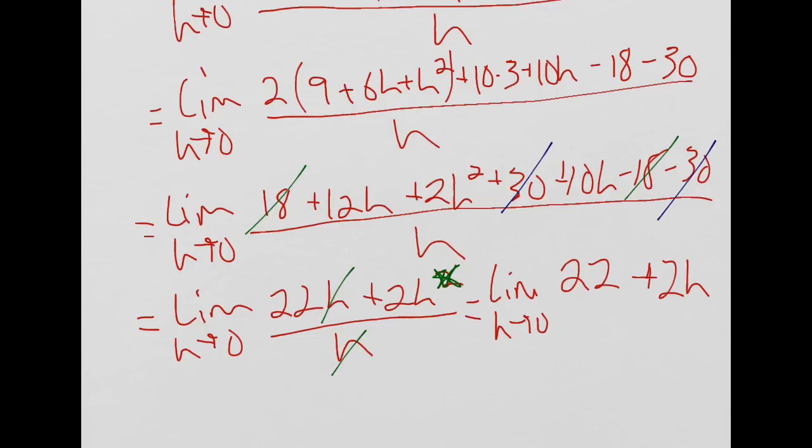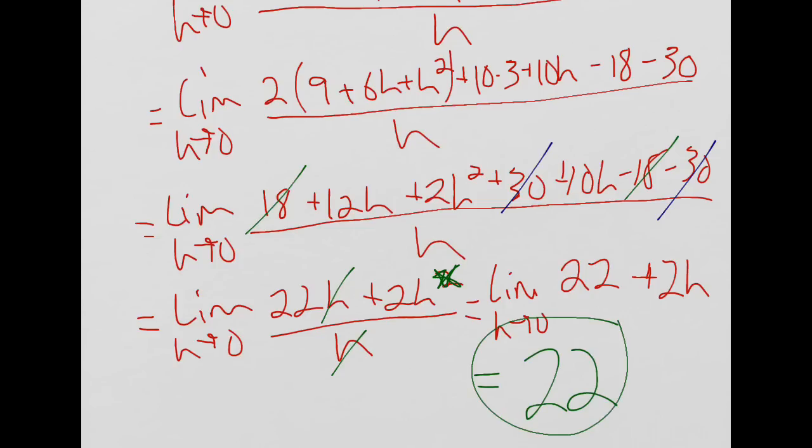Now, notice, all along I could not plug in h equal to 0 because I had that h in the bottom. Now, just like we've talked about with limits, I've gotten rid of that issue because I've canceled it out. So now I can plug in h equal to 0. So you should see that my final answer is equal to 22.